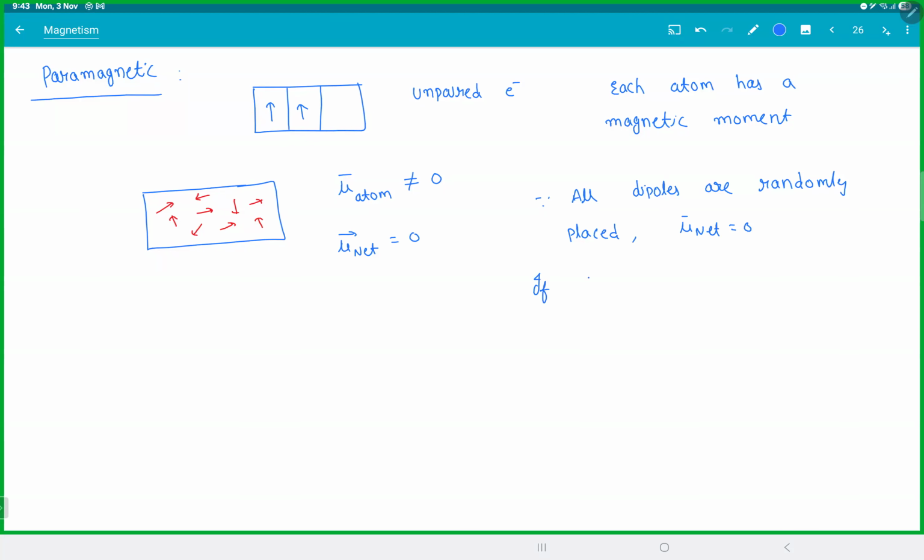And if you apply B external, now what will happen? All these dipoles will start aligning. Torque is equal to mu cross B. This is how your picture will look.